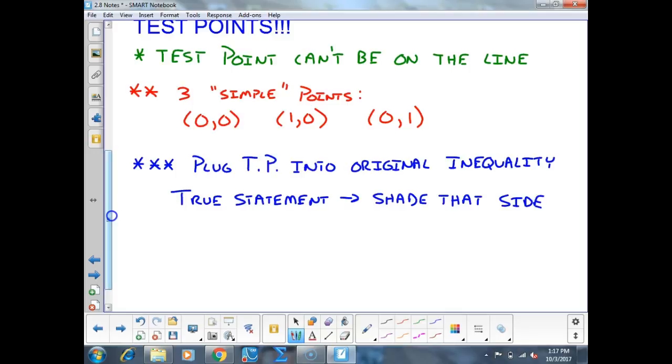So whatever side of your line the test point's on, that's the side that you want to shade because you just got a true statement. If you get a false statement, you are going to shade the opposite side.